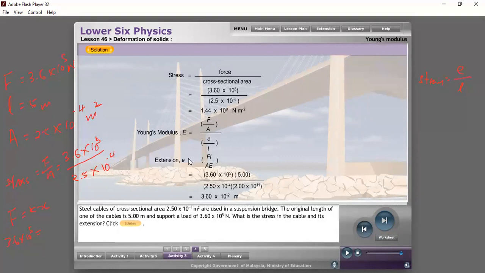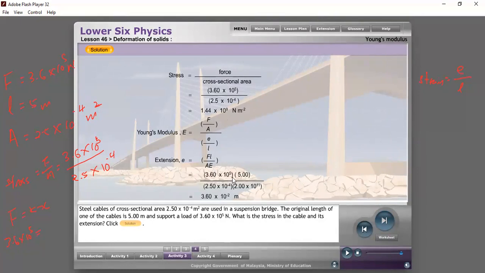So from here, okay, after we get that just now, 3.6 times 10 to the power 5 over 2.5 times 10 to the power -4, we get that the stress will be equal to 1.44 times 10 to the power 9 newtons per meter square. The Young's modulus is equal to stress over strain, and if we rearrange, we get the extension equal to FL over AE.